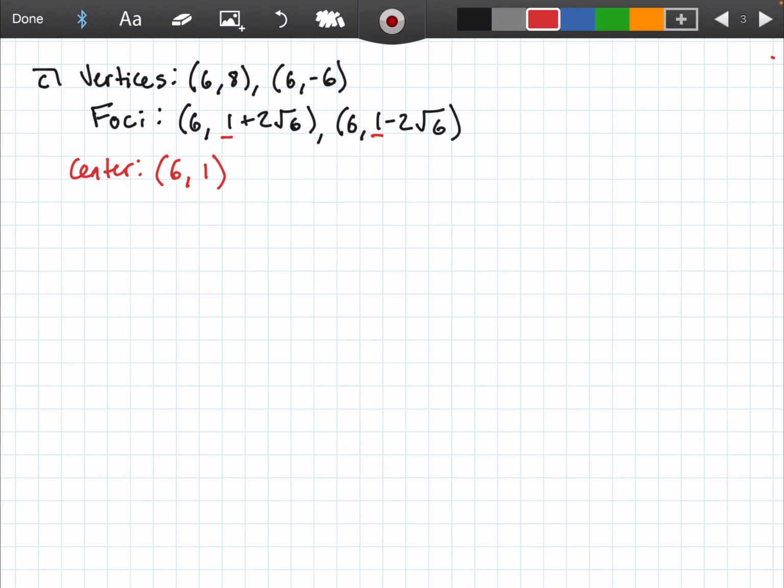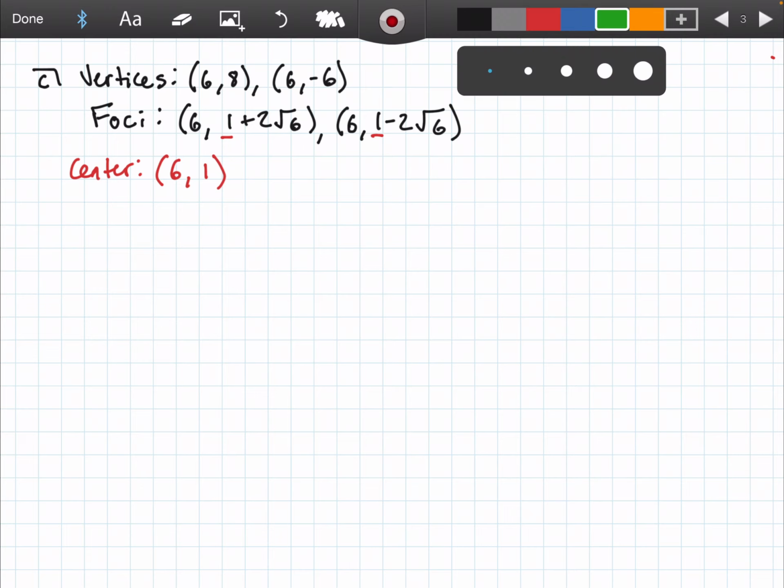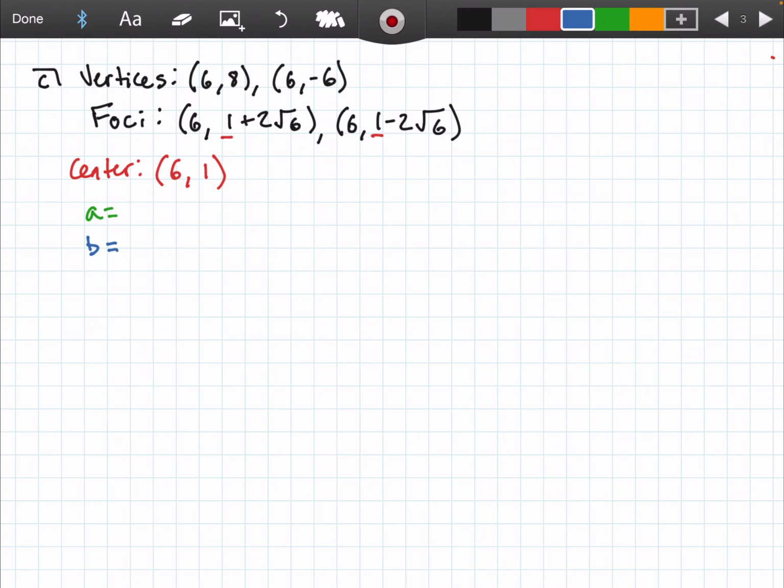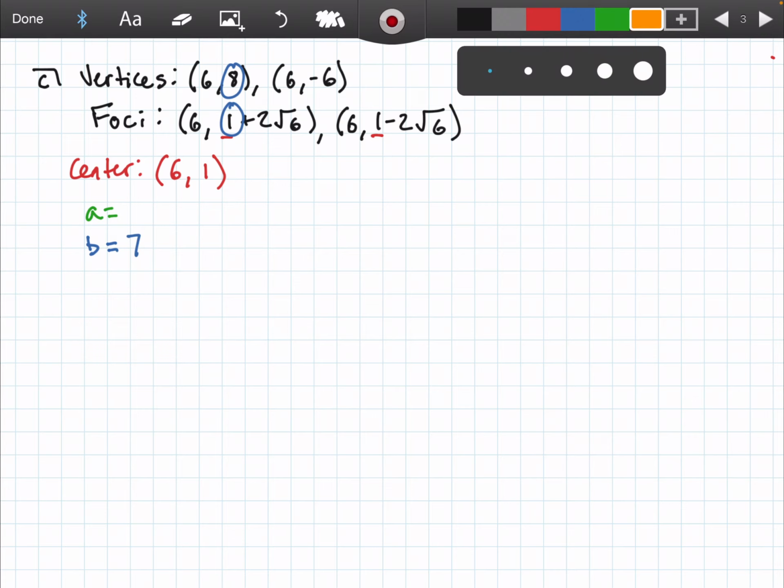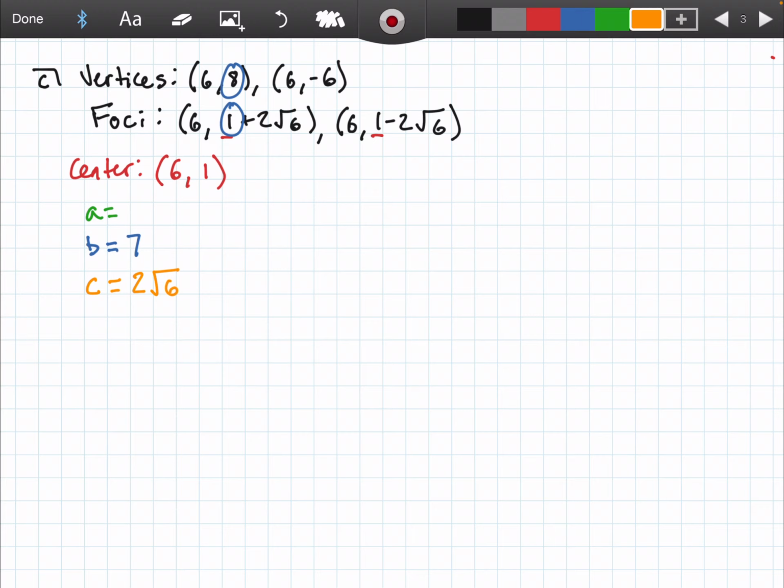Great. So my vertical distance, which is going to be b, is going to be from 1 to 8, which is going to be 7. And the distance to the focus is going to be 2 square root 6.